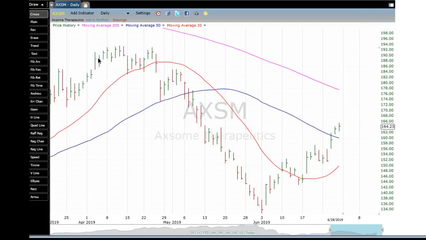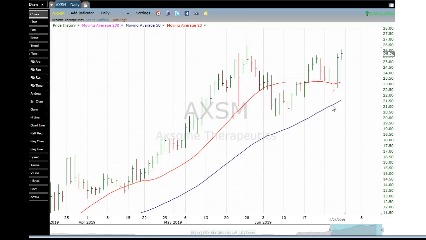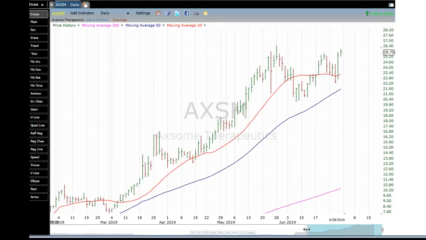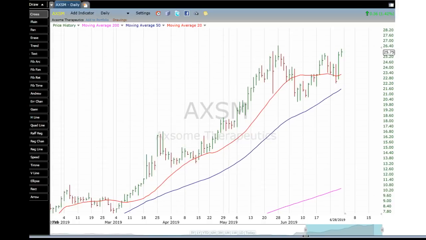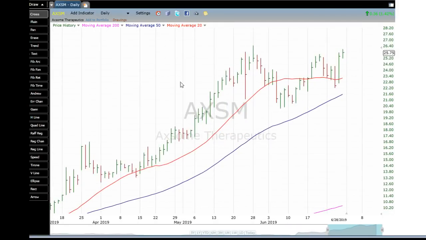Here's Axsome Therapeutics. We're looking at the daily chart. So this is actually one of the biggest winners of all of 2019. You can see here it's from the $2-3 level. It's run up all the way to $25. So it's a 10 bagger, and carves out a well-defined cup and handle, turns the 3-day chart here, leaves a 180.